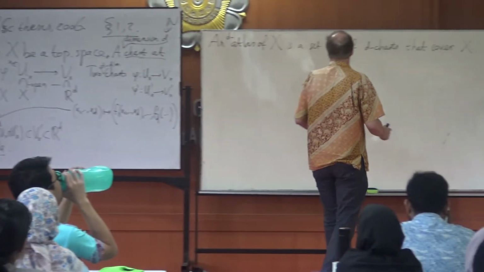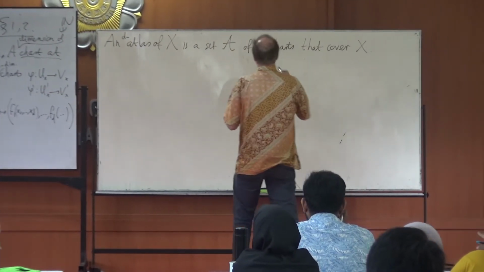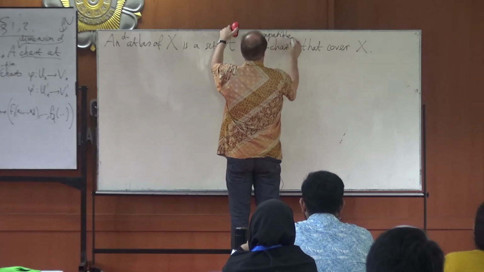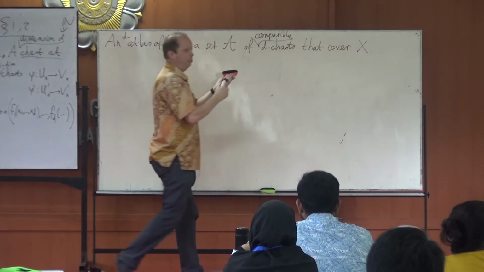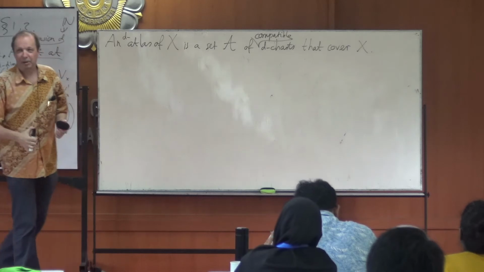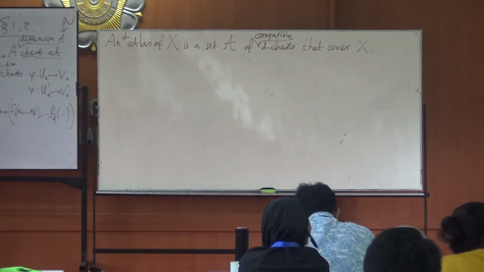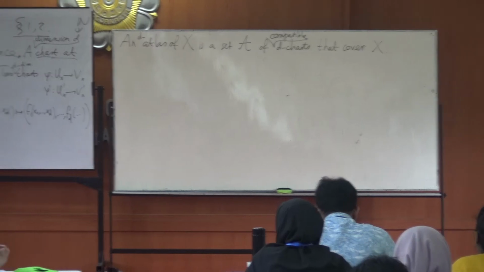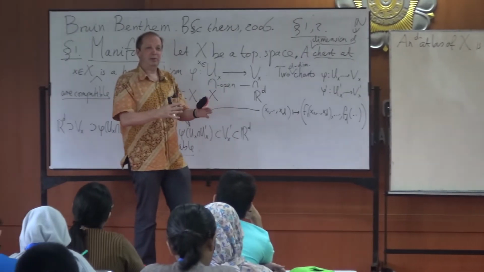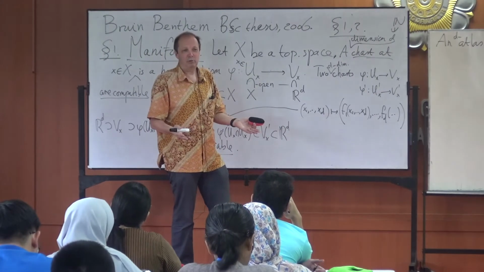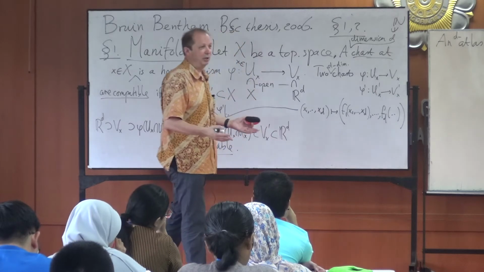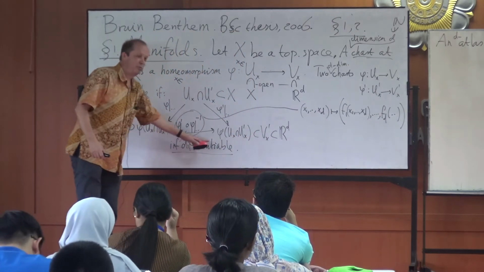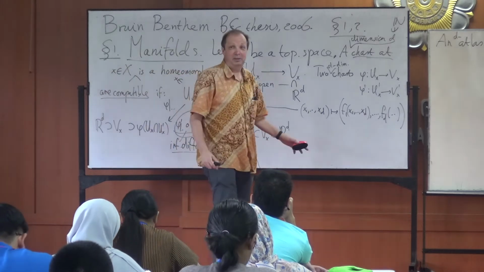That cover X. And A is a set of compatible charts, so they should be compatible. And that means that if I look at a point of my manifold in some neighborhood with one chart or with another chart, things that I do should not depend on the chart. I could compare what happens in different charts with this differentiable map.